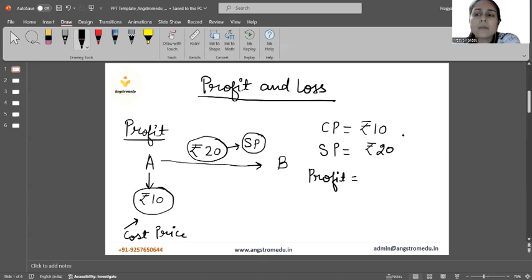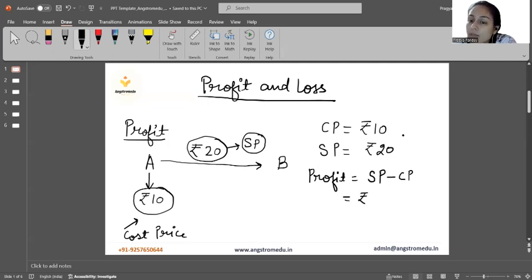Profit is nothing but the difference between the selling price and the cost price. We will subtract the cost price from the selling price and the difference in amount will be the profit.